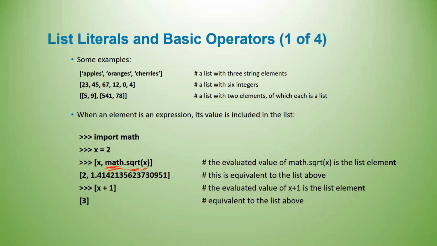Because we are using math, we import the math module, and we initialize x to 2. So we put x here, that's the first element, and this is the second element, and the second element is actually evaluated to this value.